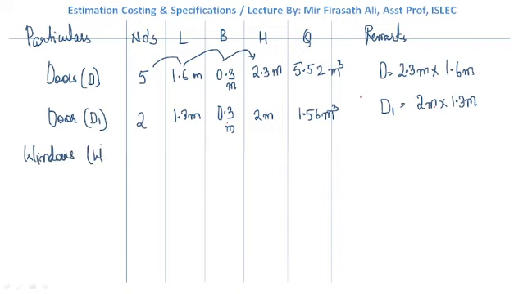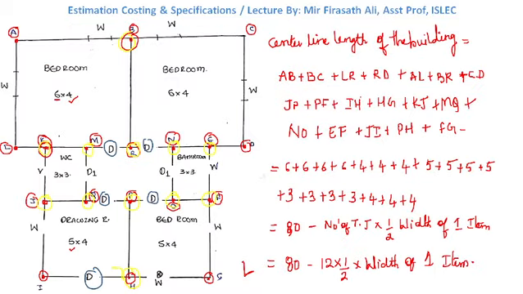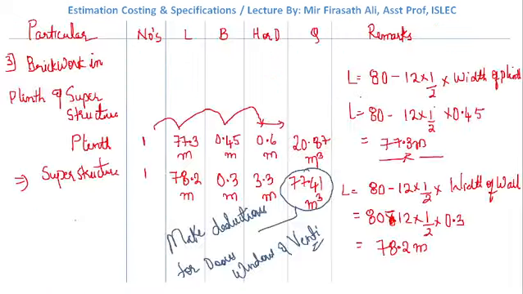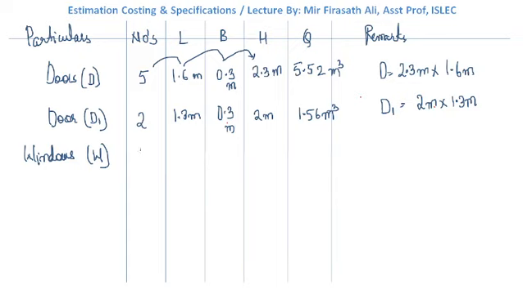Windows, we denote with letter W. If we look into our plan, how many windows are there? If we count the W's in the plan, we have 8 windows. So the numbers is 8.